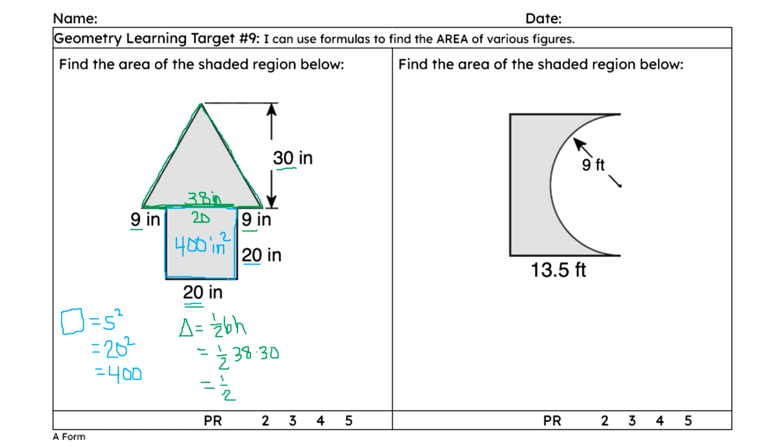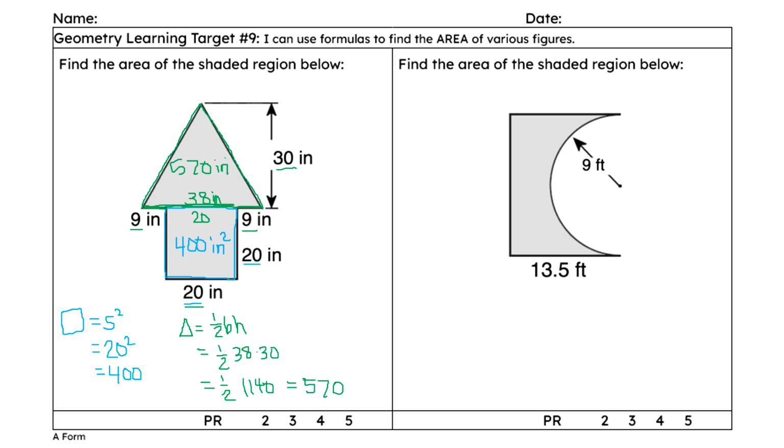All right, 38 times 30 is 1,140, but I want half of 1,140, so I'm going to divide that by 2, and I've got 570. So the larger triangle at top has an area of 570 inches squared.